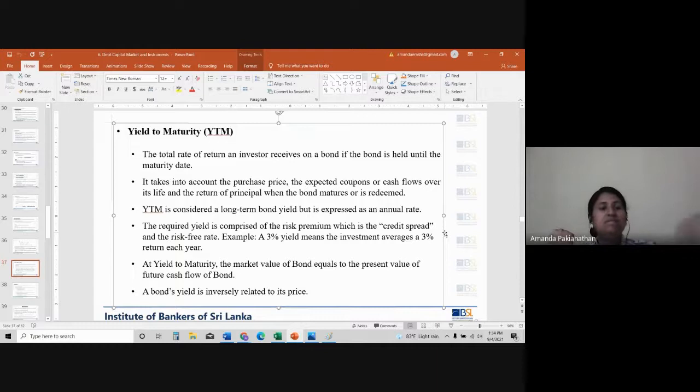The investment amount is less for them. That's why we always say yield to maturity is inversely related to the price of the bond. If the yield has to be higher, the price has to be lower.